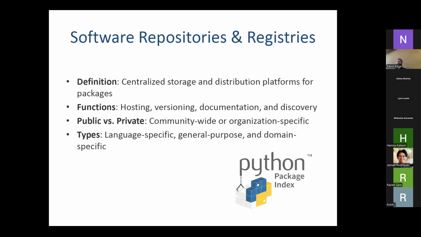Types of registries. I've also mostly been talking about language specific, but if you have a lab group registry or an organization registry, you might have something that is more general purpose, such as a registry on GitHub that offers a registry across languages.